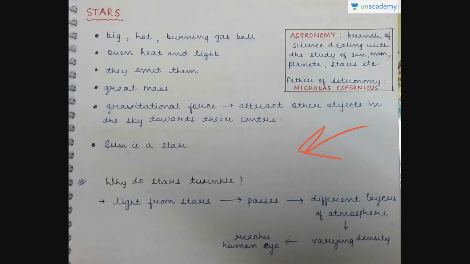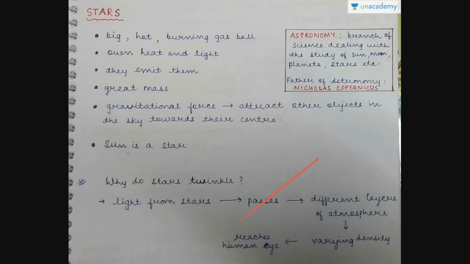We see many stars twinkling in the sky at night, but it is very important to know that the sun which we see during the day is also a star. Now, why do stars twinkle? Suppose we are standing here on the earth and the star is here. The earth is surrounded by atmosphere, that is, a layer of gases. When the light from the star reaches the earth, it passes through this atmosphere.